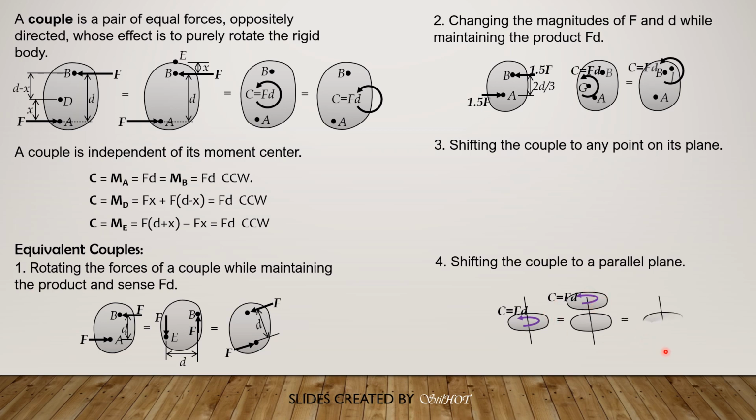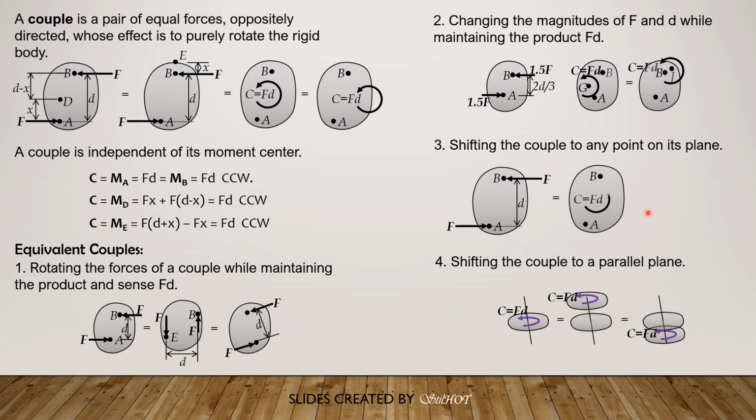Or you can place it in a plane below the original plane, as long as the sense is the same. So that is what we meant by shifting the couple to its parallel plane. So this couple here is the same as this couple here, Fd, and equal to transferring the couple to any other position or point on its plane. So that's the principle in the preliminary discussion in this part here.